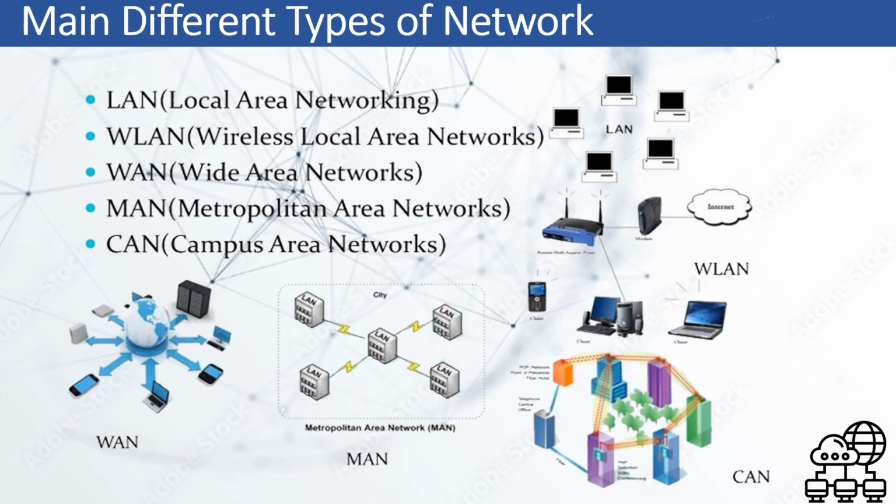It is a network that covers a specific geographic area, such as a college campus, business park, or military base, and is usually made up of a combination of LAN, MAN, and other network technologies interconnected to create a large network that covers the entire campus area. These are just some of the main types of networks, but there are still others, like cloud and VPN.